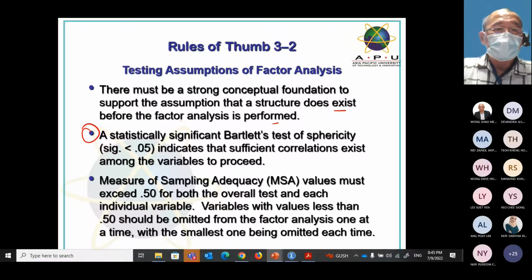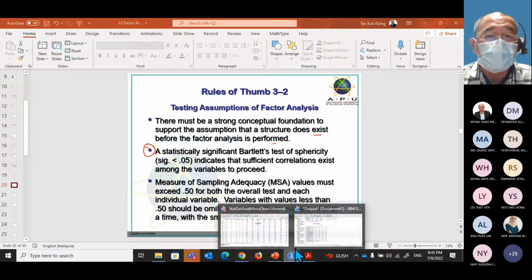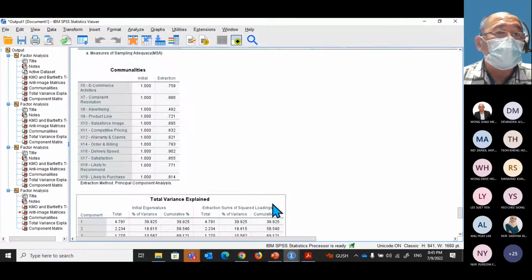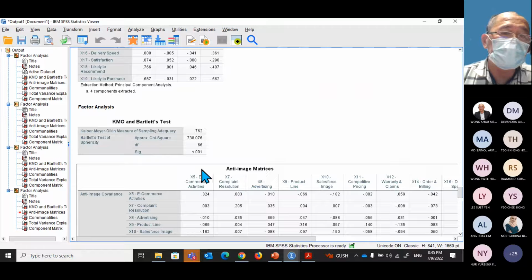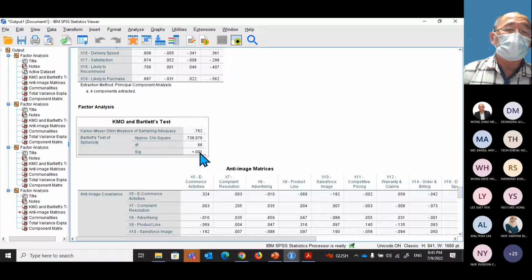So we see the statistical significance, Bartlett's test of sphericity. A bit difficult to pronounce. The p-value must be less than 0.05, indicating that sufficient correlation exists among the variables to proceed. Can you see here? This is the one I mentioned, less than 0.001, therefore it's very good.